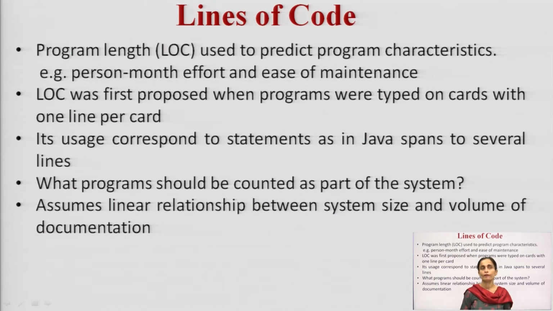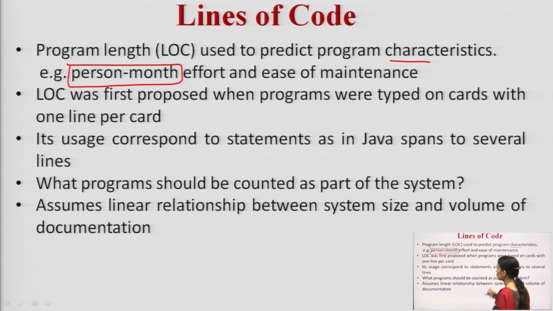Then, determining the lines of code, the program length. Actually, lines of code is the length of my source code, which is used to predict my program characteristics. It is measured in terms of person-months, effort and ease of maintenance. Lines of code was first proposed when we were programming on cards with one line per card.